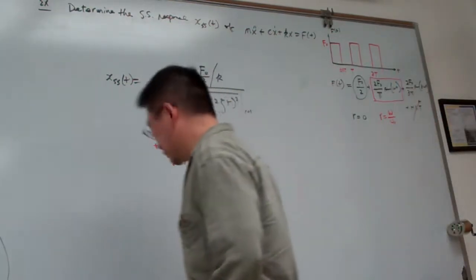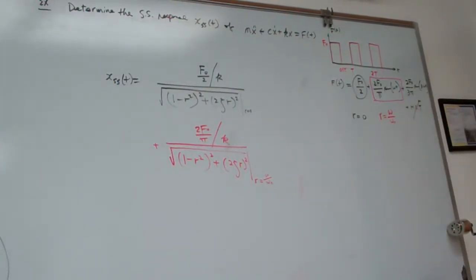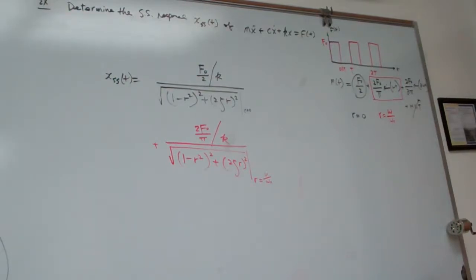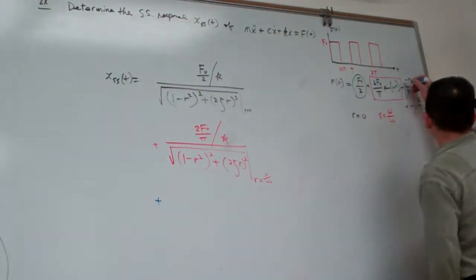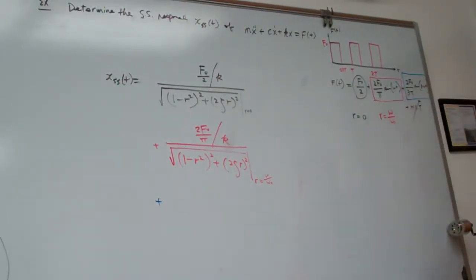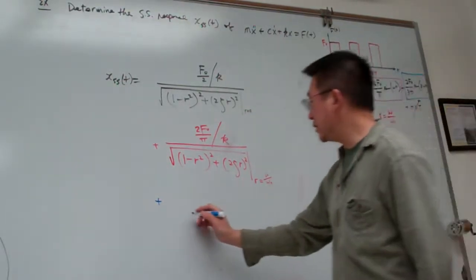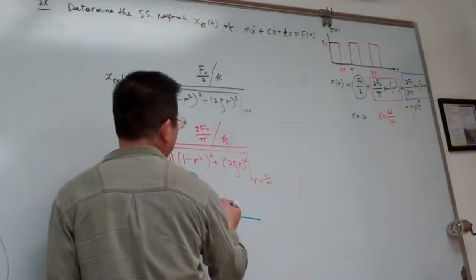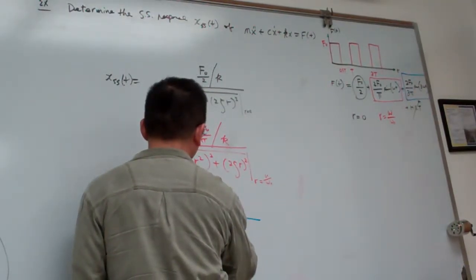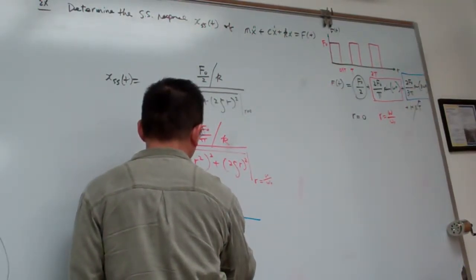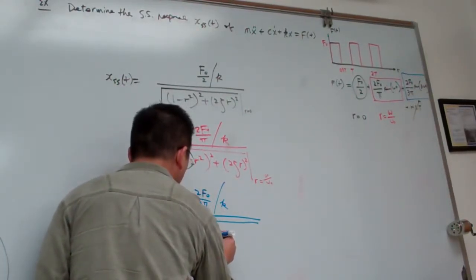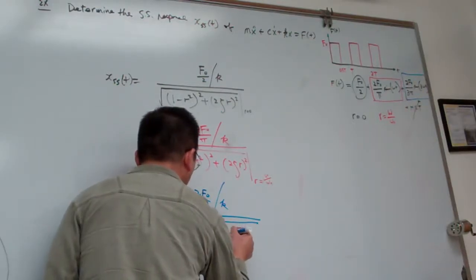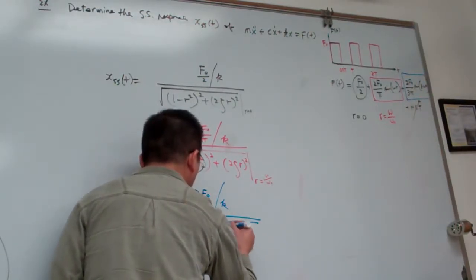And the third term corresponds to this one. For the third term, the magnitude is delta st, which is 2F0 divided by 3 pi and divided by k. Again 1 minus r squared plus 2 zeta r squared.